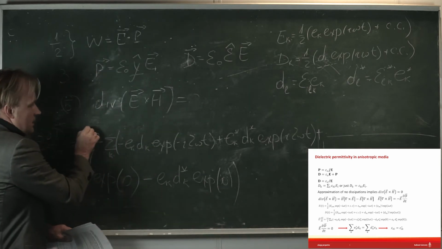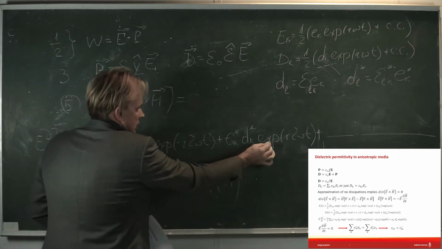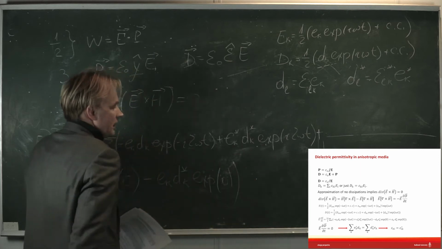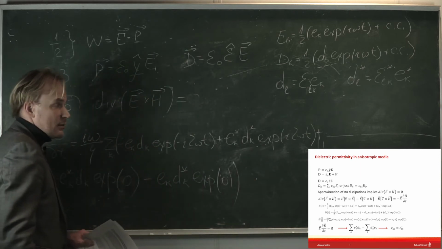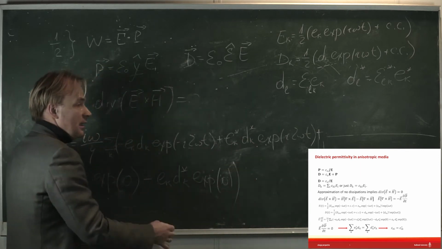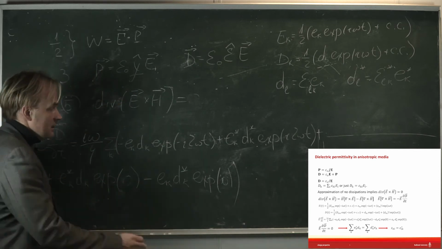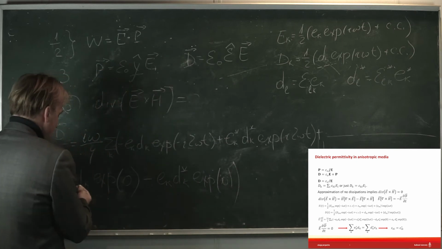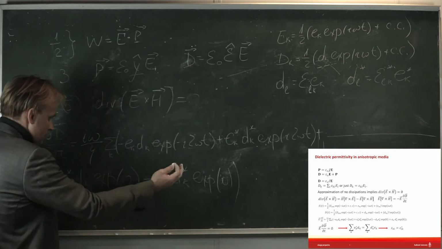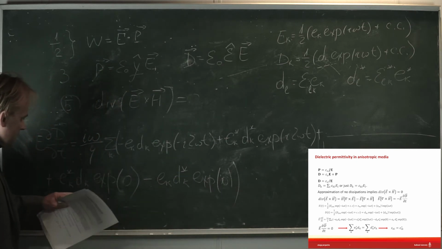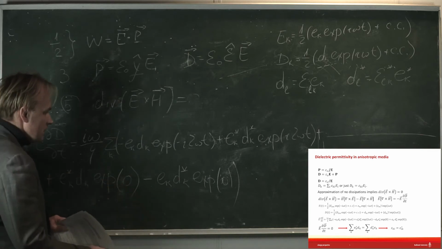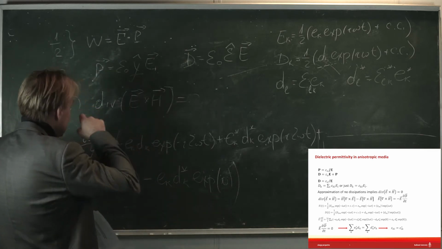As we emphasized at the very first lecture, these two terms do not contribute to irreversible energy transfer from light to matter because they oscillate in time. And if you average over enough number of periods, you will see that these terms will be averaged to 0. And then here, these two terms may contribute to the dissipations.